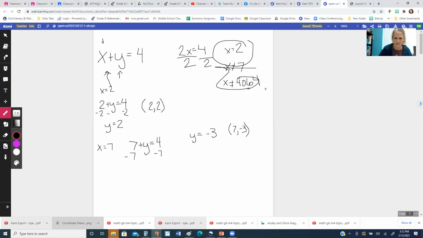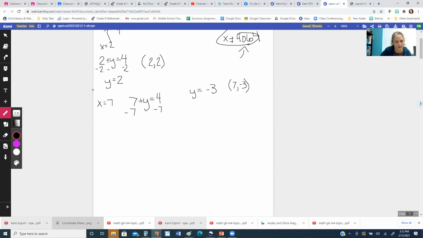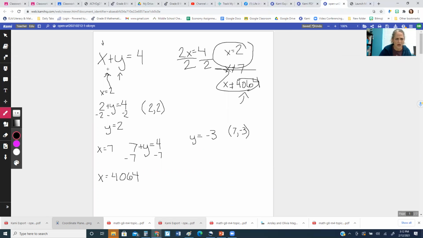Could x be 4,064? Why not? Let's do it. So let's say that x equals 4,064. Is this allowed? But it has to add to y to equal 4. Let's try it. Let's substitute it in. So I have 4,064 plus y equals 4.